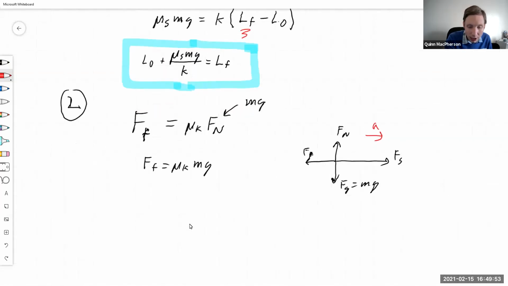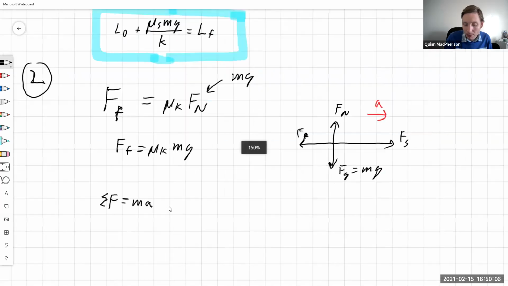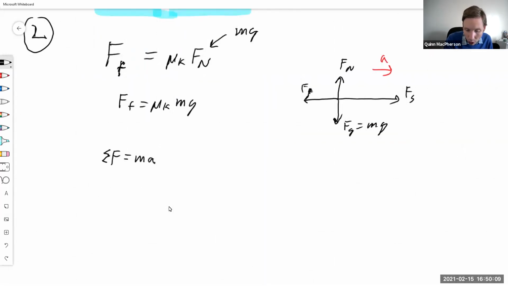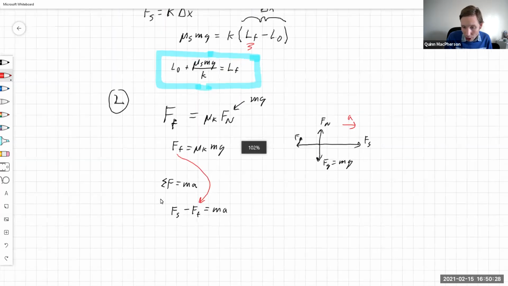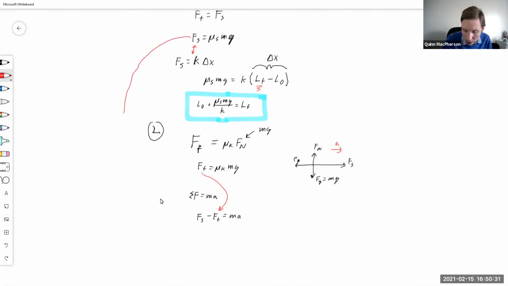Okay, how do we find that acceleration? Well, we use Newton's law. F equals ma. In particular, the sum of forces, aka the net force, is equal to ma. So I can write this as the net force. Moving us forward is the spring force. Force spring forward minus force friction, because the friction force is pulling backward, is equal to ma. We can stick the friction force there, but the spring force, which we derived earlier, is still going to be the same.